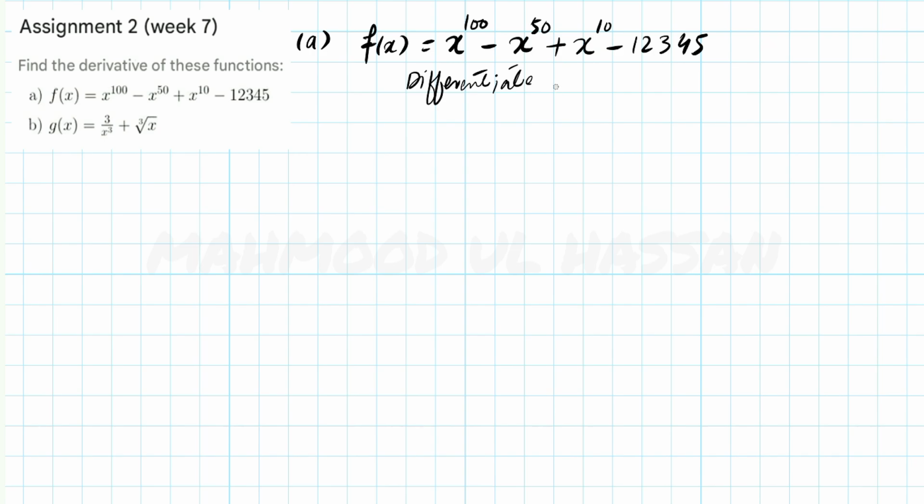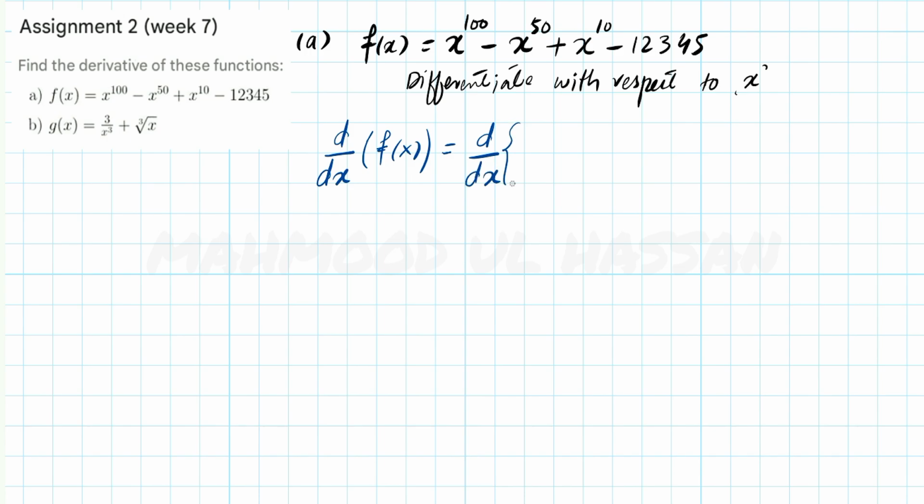We differentiate with respect to x, because here x is the independent variable. So that is d over dx of the function f of x equals, we have to apply the derivative here also, x to the power 100 minus x to the power 50 plus x to the power 10 minus 12,345.